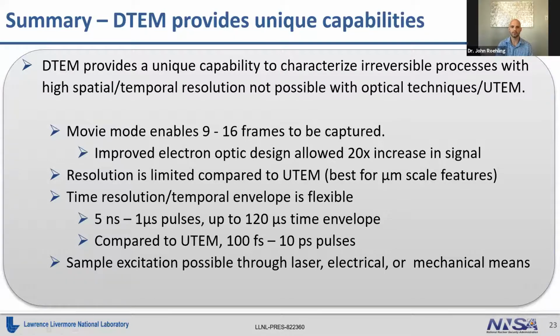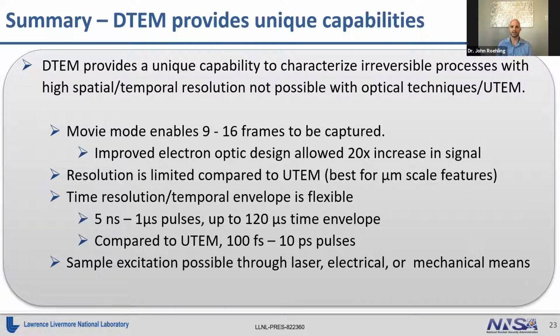So we have the capability to look at these irreversible processes with 9 or 16 frames with improved signal from initial iterations. Our time resolution is around 5 nanoseconds up to a microsecond long electron pulses within a 120 microsecond window.